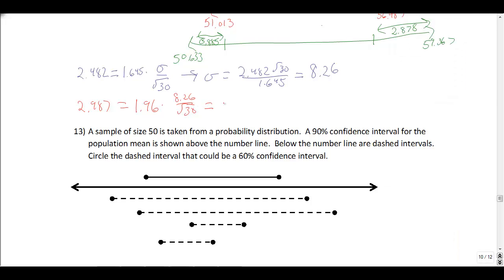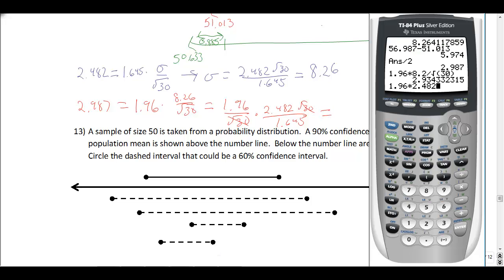This is 1.96 divided by square root of 30, and then the 8.26 is 2.482 times square root of 30 over 1.645. The square root of 30 actually cancels. And what I get, 1.96 times 2.482 divided by 1.645, gives me 2.95. I'm still a little bit off. Maybe it was a t thing, but kind of close.